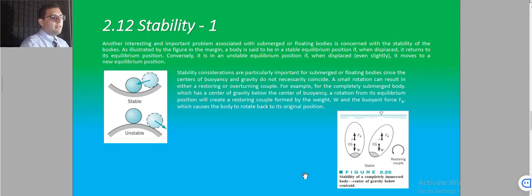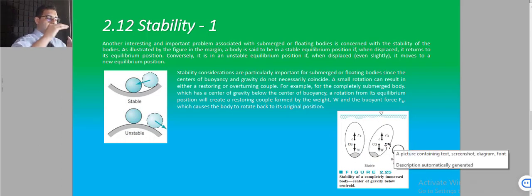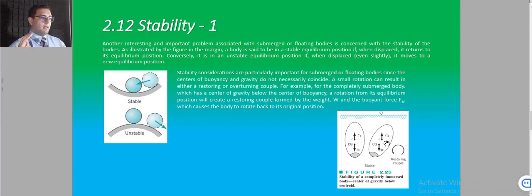When we have the center of buoyancy at the top side of the center of gravity, if the body goes upside down in a wave thing, it could be restored in the first place. Why? Because the buoyancy force is going to couple it up to be restored.